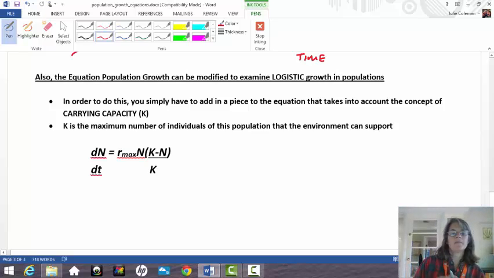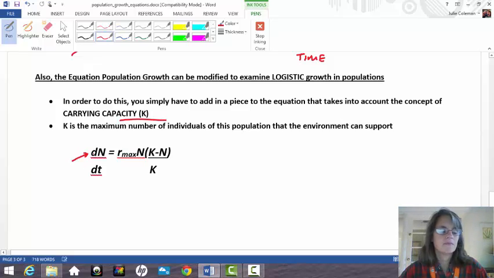So to examine population growth under logistic conditions, you just got to add in that carrying capacity piece, okay, that K. So again, the change in the number in your population from when you start to a year later is going to be equal to the maximum per capita growth rate times the number you started with, but then in parentheses the number at which carrying capacity would exist, which you would have to be given in the problem.